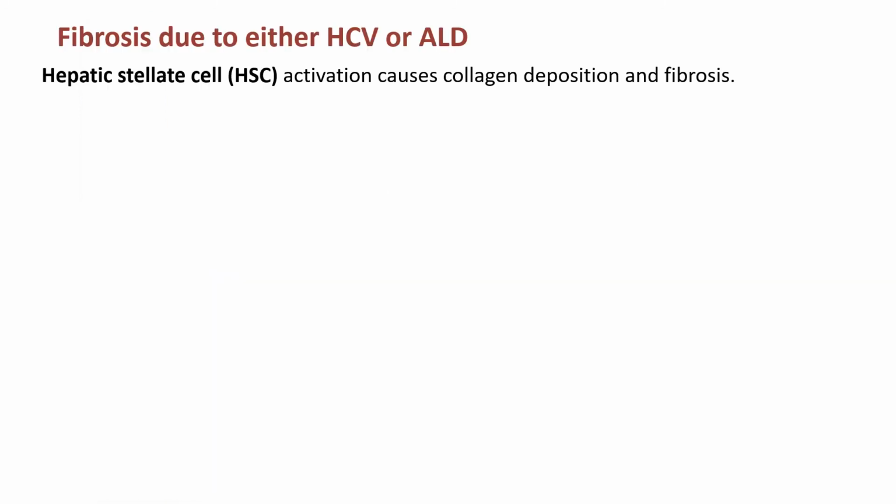So our next stage after steatohepatitis is fibrosis. And this is due to the activation of those innocuous little stellate cells. Hepatic stellate cells, sometimes called HSCs, are activated, and when they are, they cause the deposition of collagen, which gives us fibrosis.